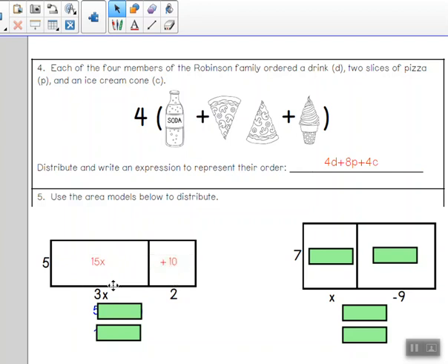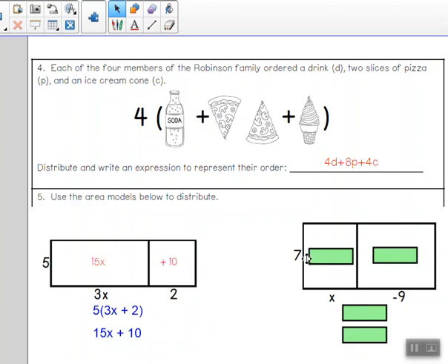So if I think about this, 5 times the sum of 3x and 2, this is like a rectangle now, and I've got a length and a width, but this side is 3x plus 2. I could distribute that and say that's the same essentially as 15x plus 10. Again, that's where these came from.